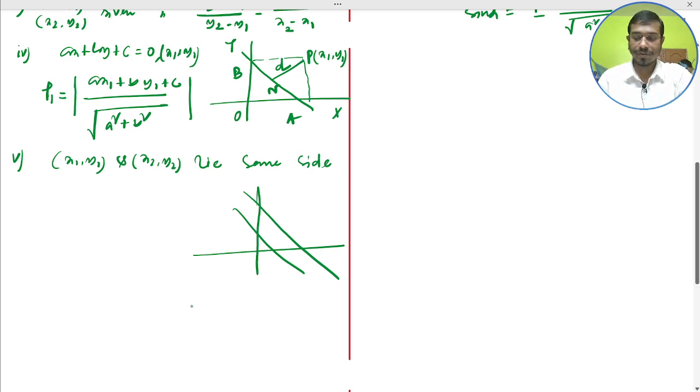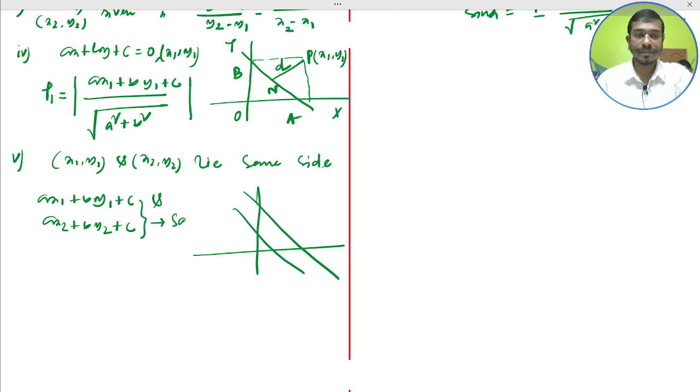Same side means this one, if the expression ax1 plus by1 plus c and ax2 plus by2 plus c have the same sign. Okay.